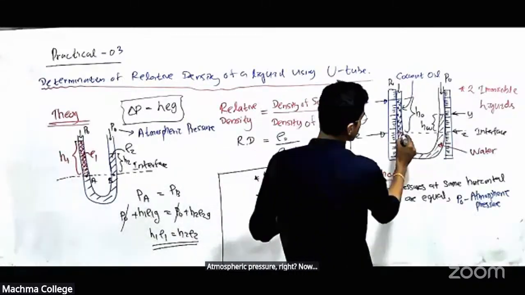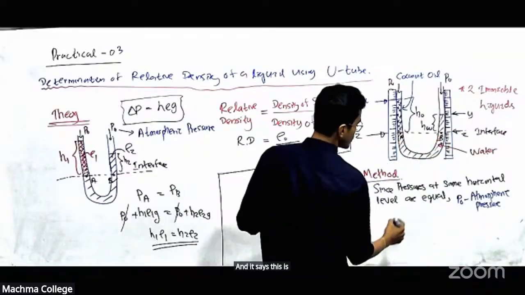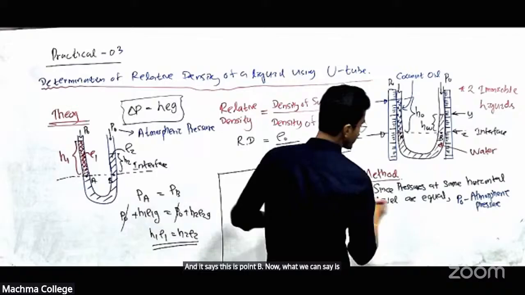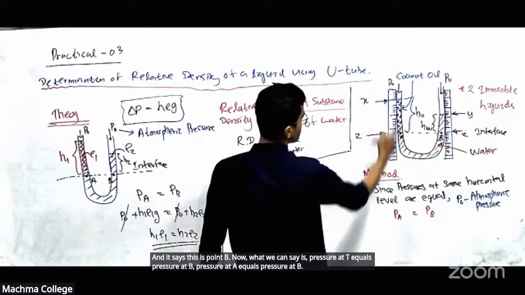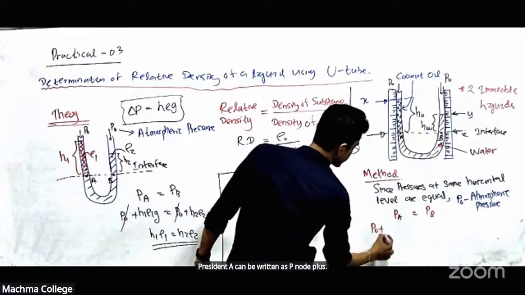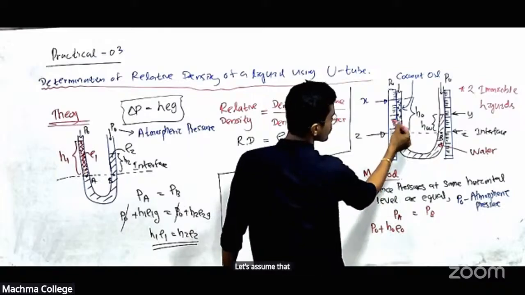Now, let's say these points are A and B. This is point A, and let's say this is point B. Now, what we can say is pressure at A equals pressure at B. Pressure at A can be written as P naught plus H naught rho naught g.